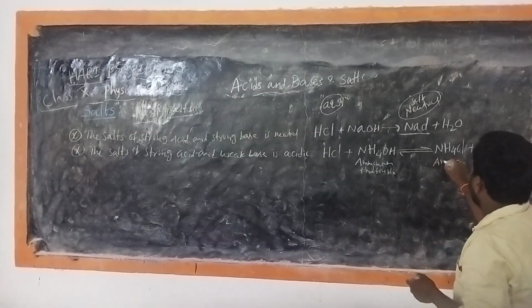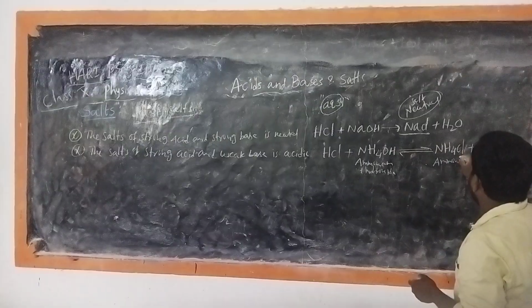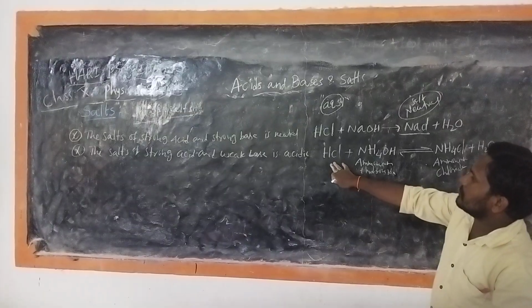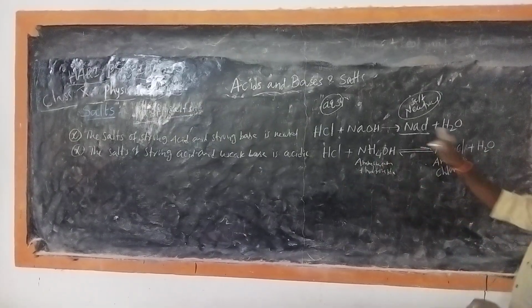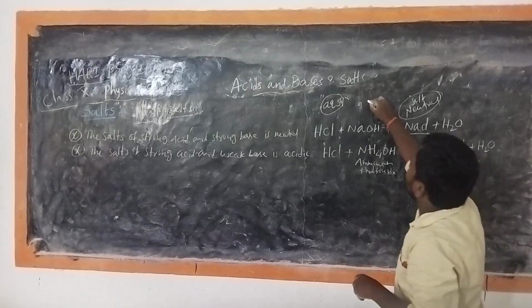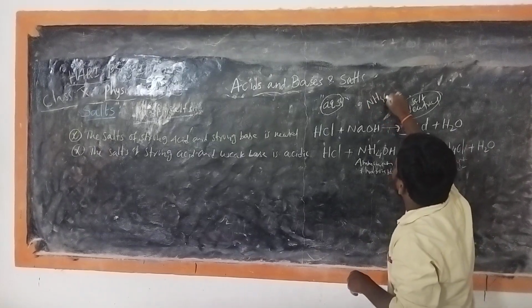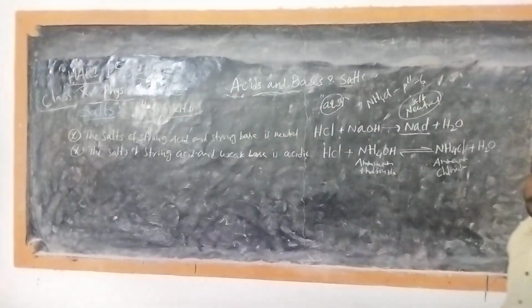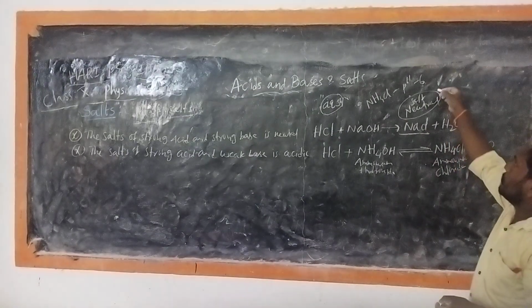This is ammonium chloride, obtained from a strong acid and a weak base. Just now we discussed ammonium chloride. Its pH is 6, so less than 7.